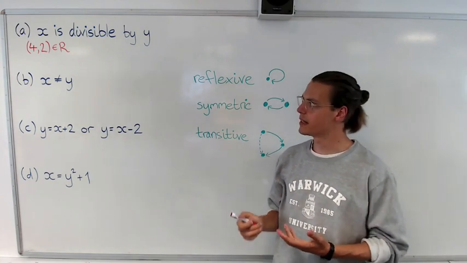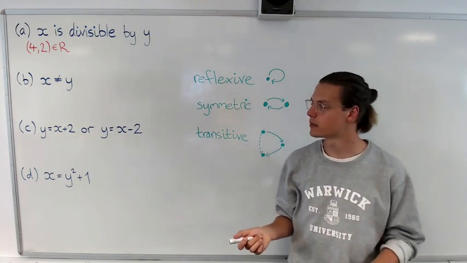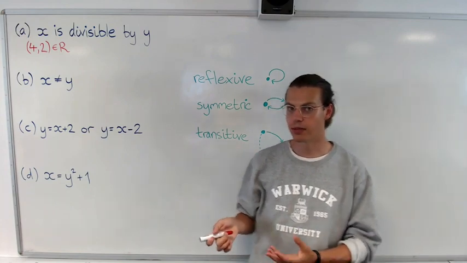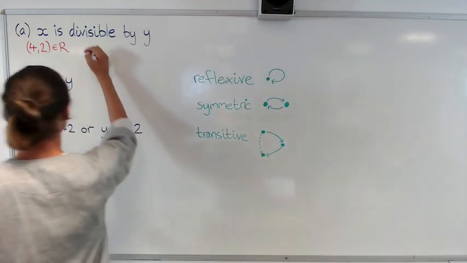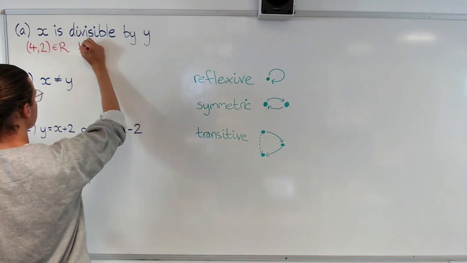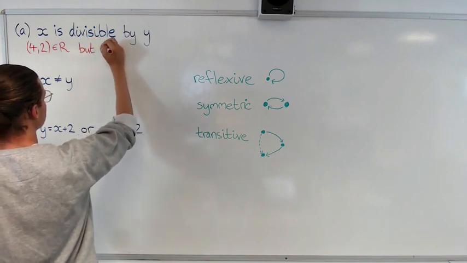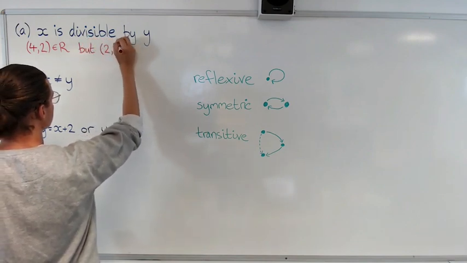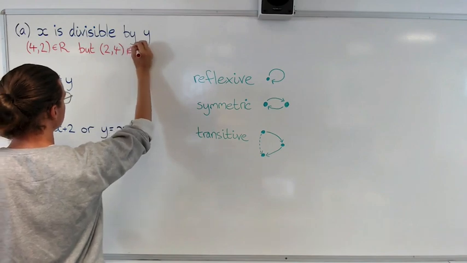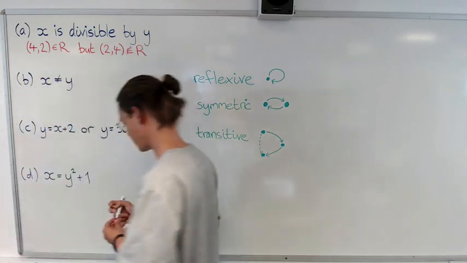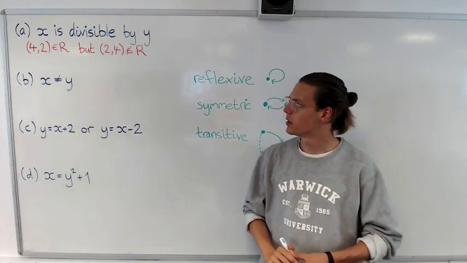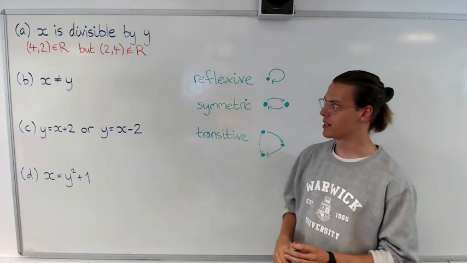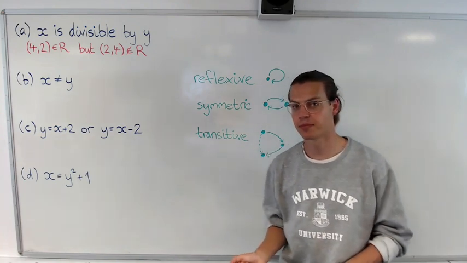But 2 is not divisible by 4, so 2 is not related to 4. So this tells us that the relation is not symmetric.